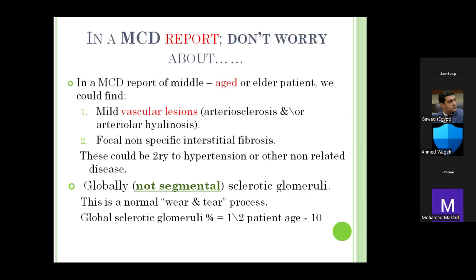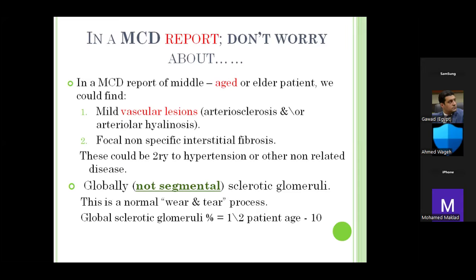What we don't need to worry about in this report is that in a middle-aged or elderly patient, we could find mild vascular lesions such as arteriosclerosis or arteriolar hyalinosis, and focal non-specific interstitial fibrosis. This could be secondary to hypertension or any other non-related disease, and globally, but not segmentally, sclerosed glomeruli.